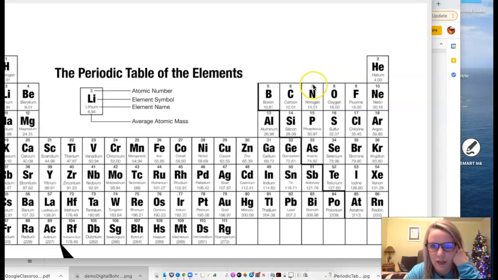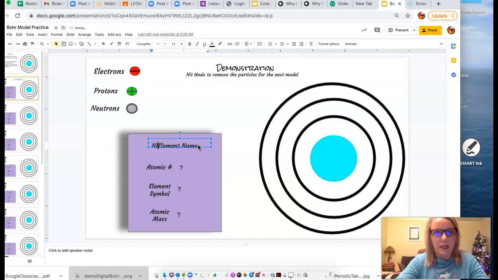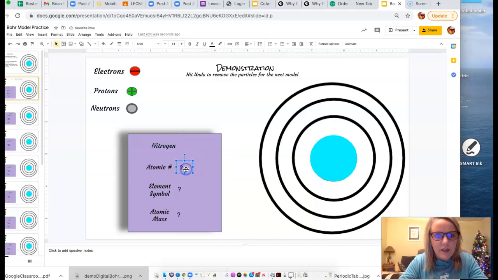Nitrogen is number 7. The atomic mass is 14.01. So if we go back here, we could write down nitrogen. The atomic number of nitrogen is 7.